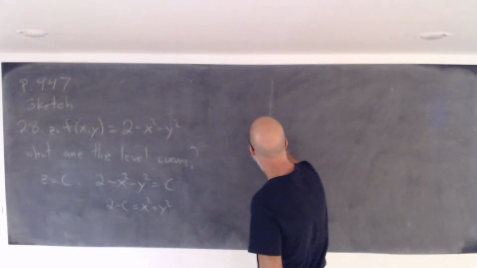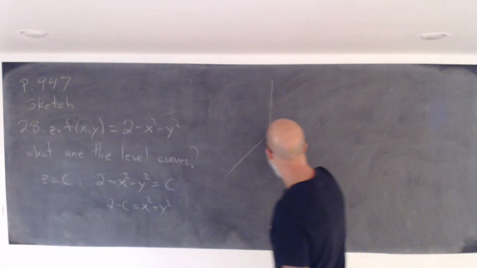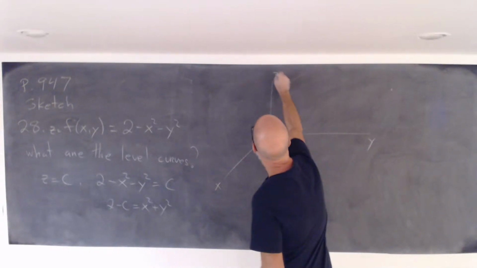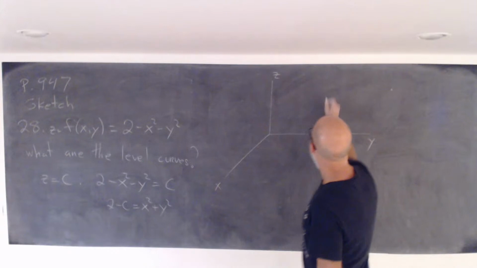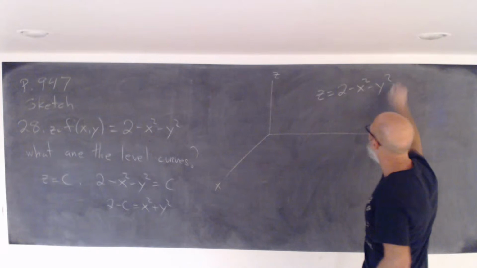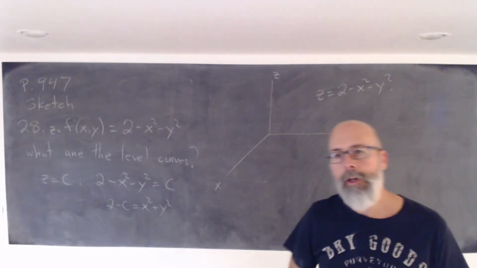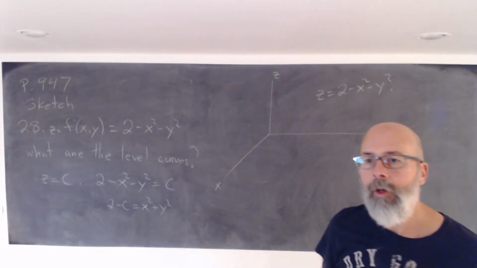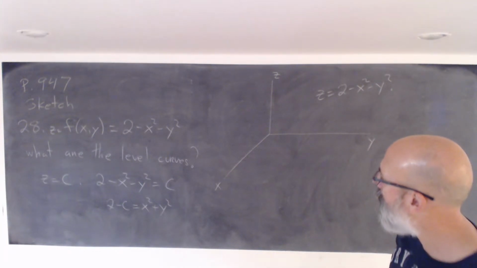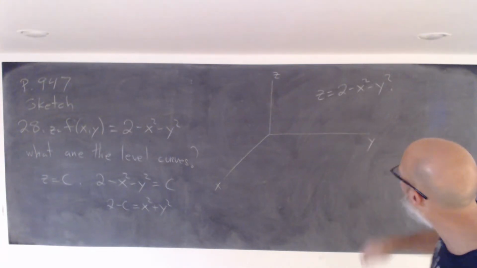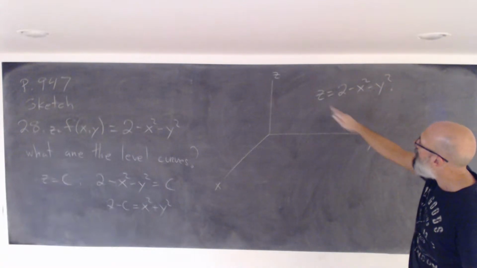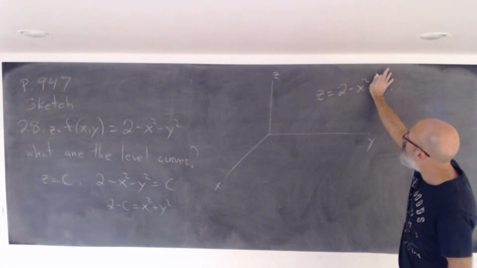Let's draw this object, making use of that. What are we graphing? Z equals 2 minus x squared minus y squared. Ahmad is suggesting that it's the same thing, except it's flipped and moved up. That's exactly right. Let's draw it in the xz plane when y is 0.